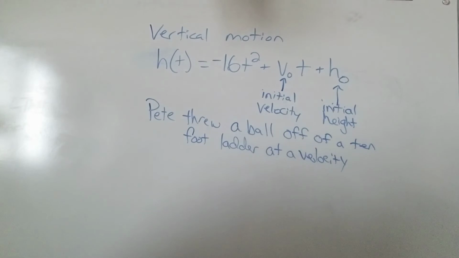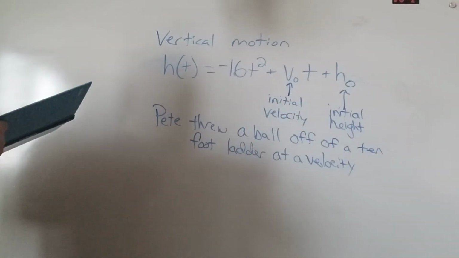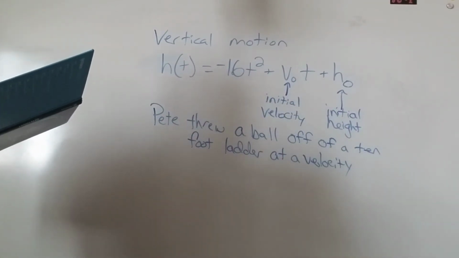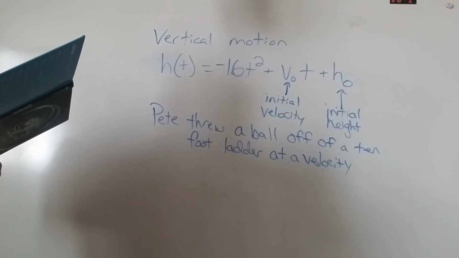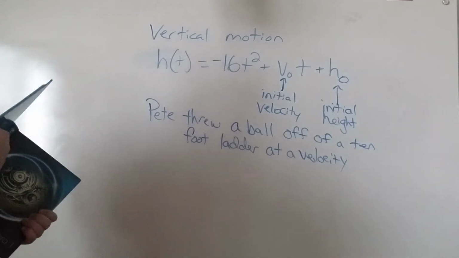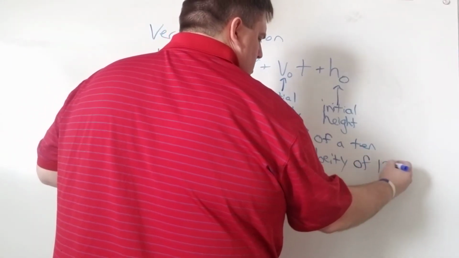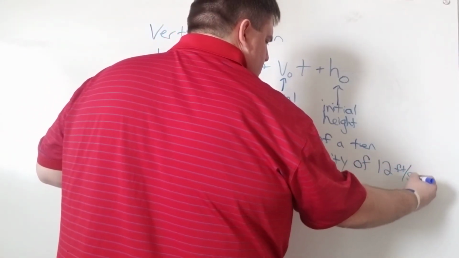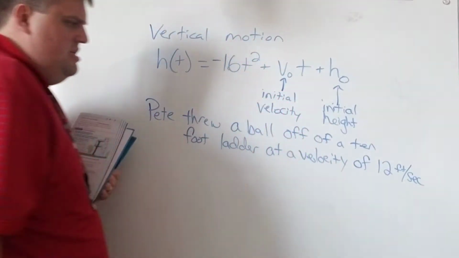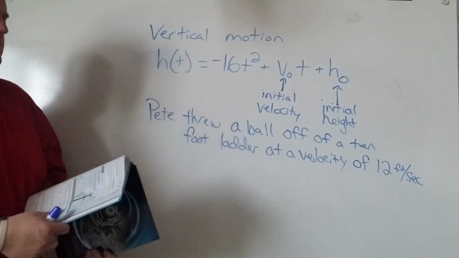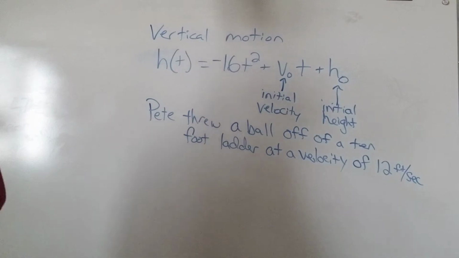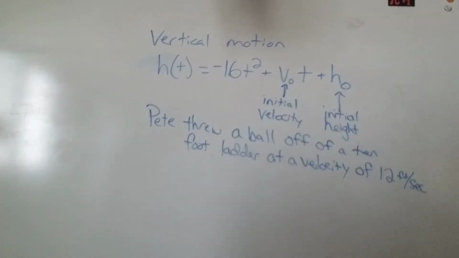And I think usually with those velocities, it just depends, but usually we're talking feet per second. 12 feet per second, right, something like this. So we have this ball, this kid's throwing the ball.